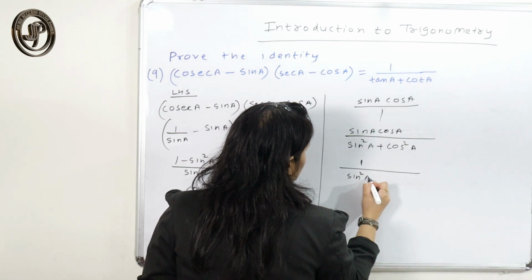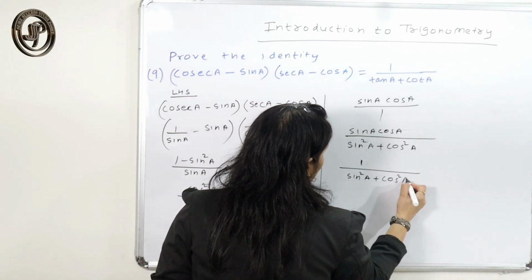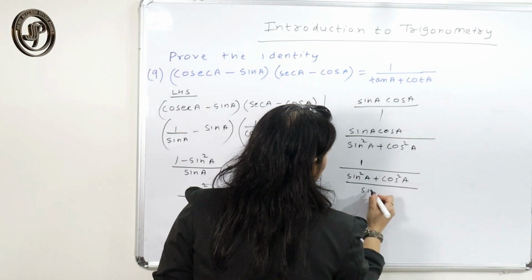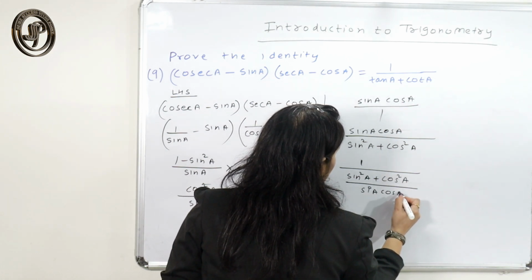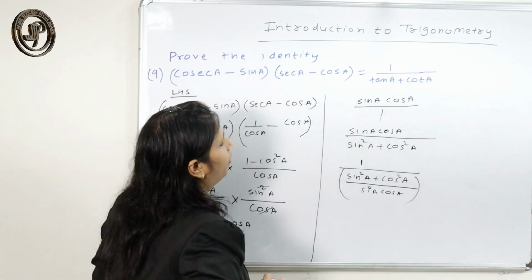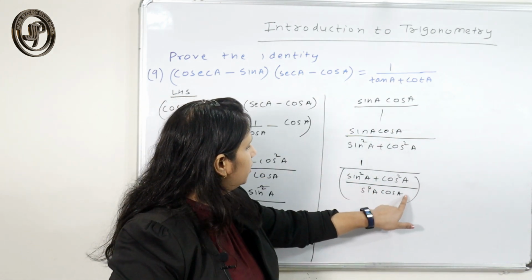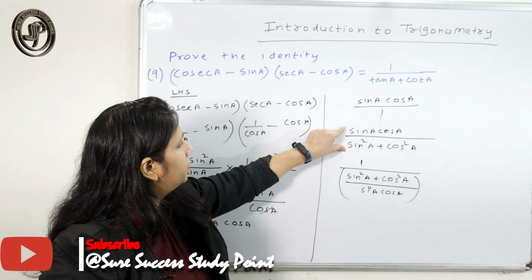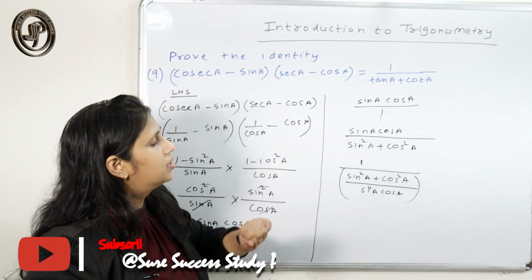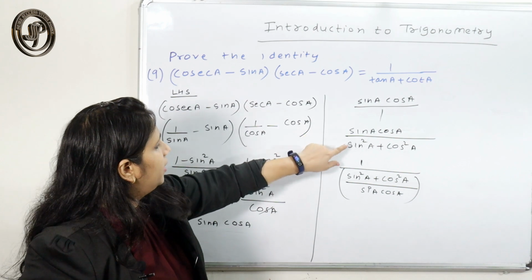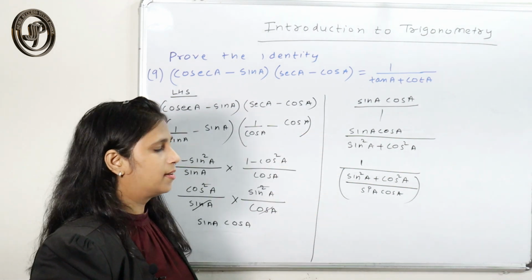So, can I write this in form of that? Because it does not make any difference if I write this thing as this, so this becomes your this step. So I can write this as that.